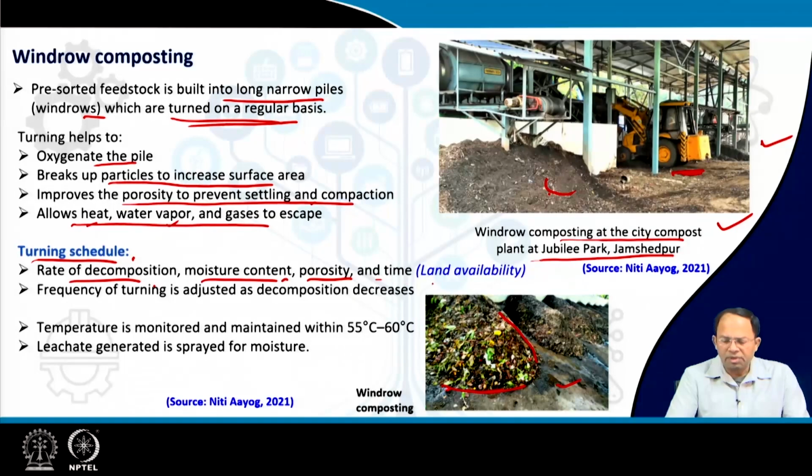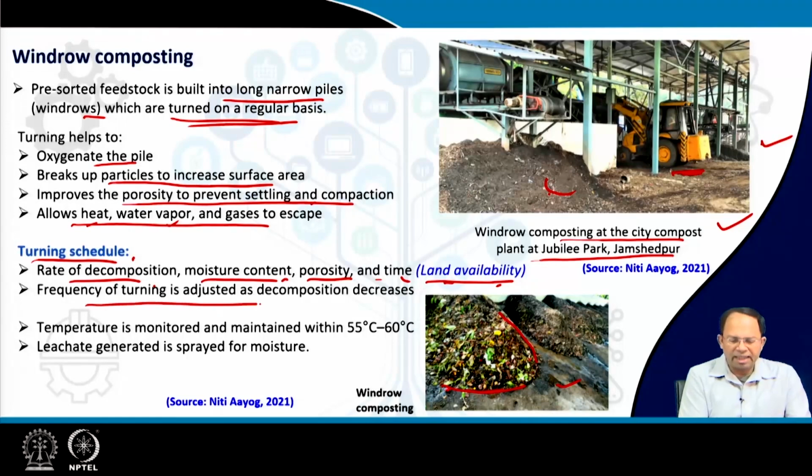Now, time is very related with land availability. If I have got less land, that means I can store the garbage for a lesser amount of time. Every day garbage comes in. So, if I have less time and less area, I have to complete the process in a much shorter period, right? That's why time and land area are very related.